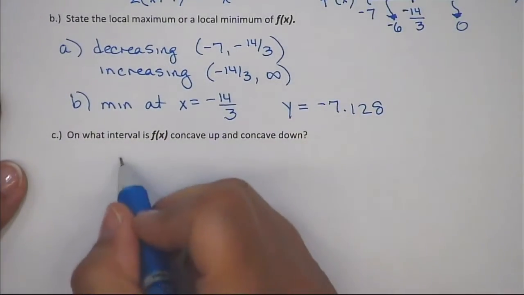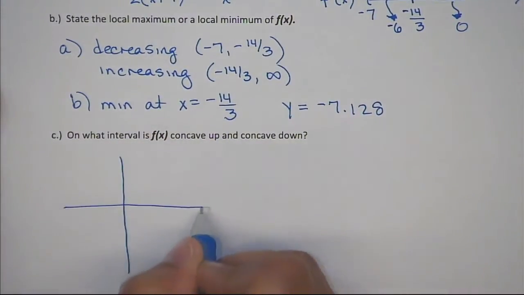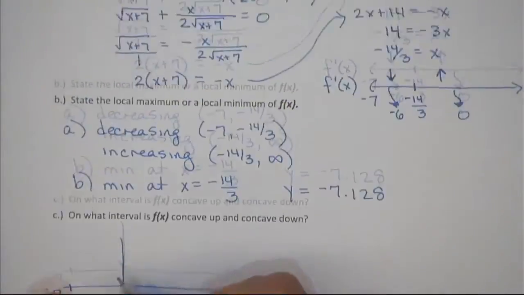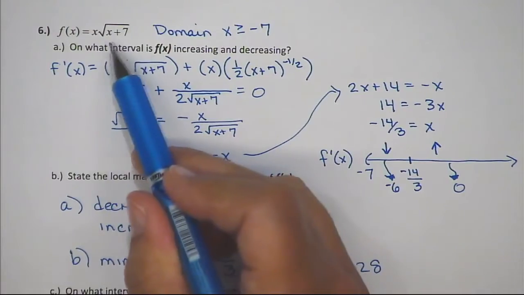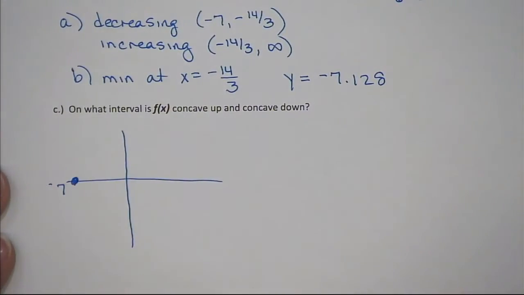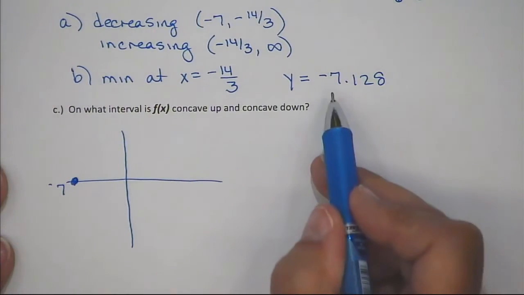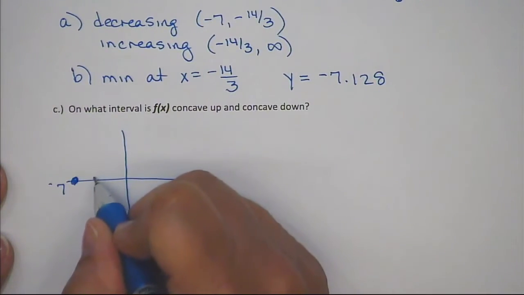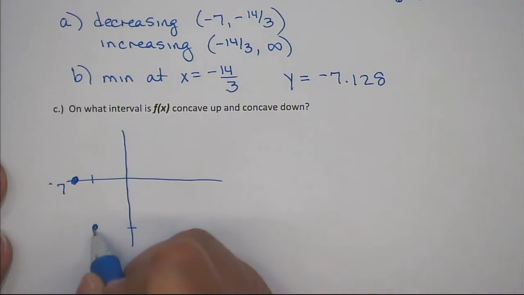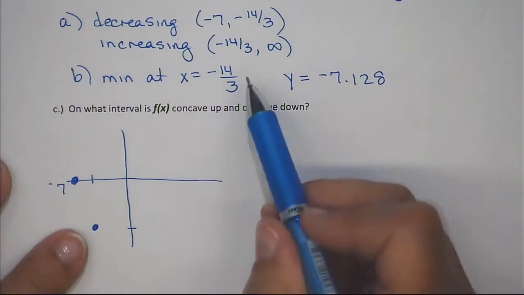If I look at the graph, here's negative 7 over here. And if I put negative 7 into here, I get 0. So that's where the graph starts. And then I know the minimum is at negative 14 thirds, negative 7 down here. So there's that minimum point.